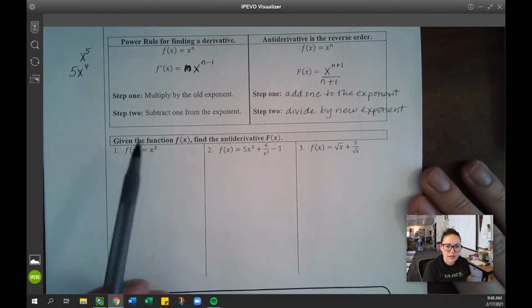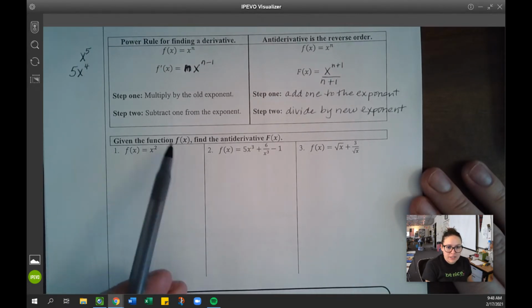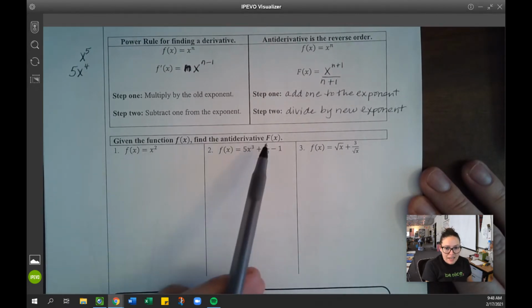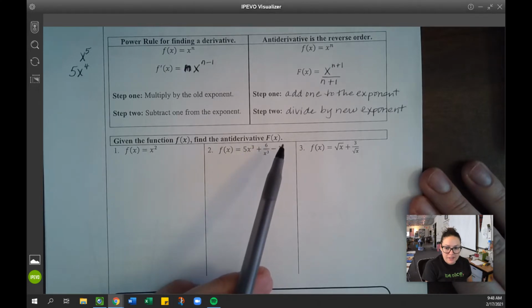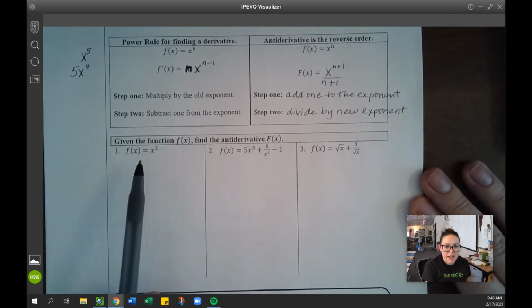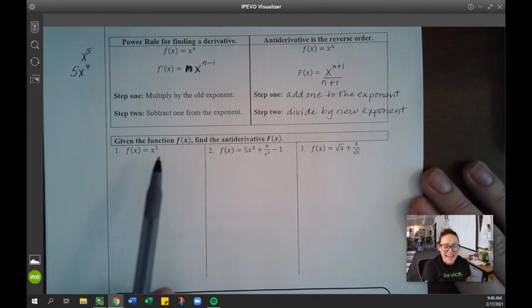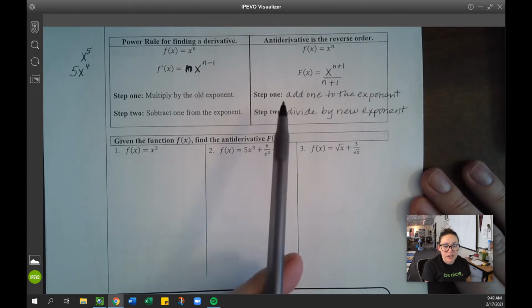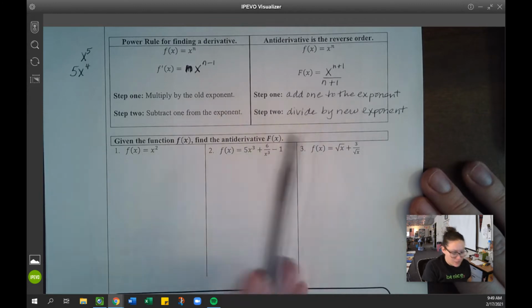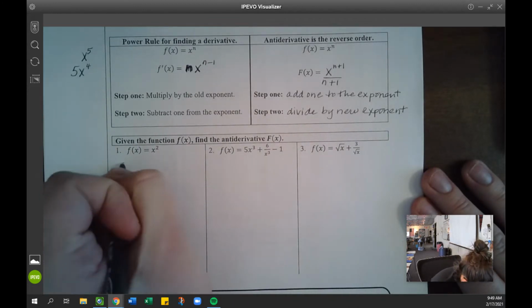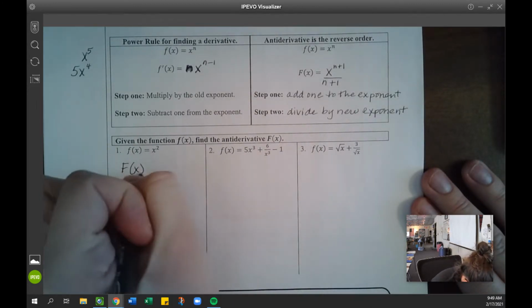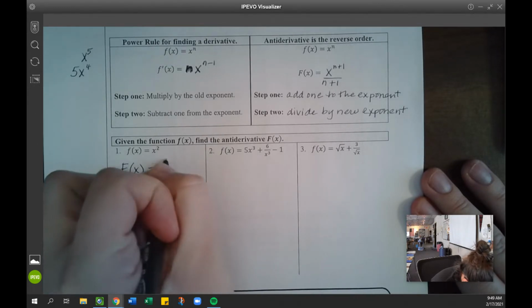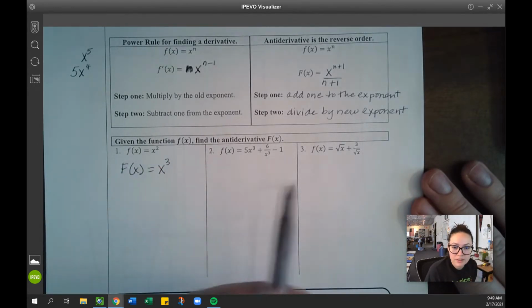So, given the function little f of x, find the antiderivative big F of x. Here we have x squared, and I want to find the antiderivative. So we're going to do the power rule in reverse. Step 1 is to add 1 to the exponent. So big F of x is now going to have x cubed.